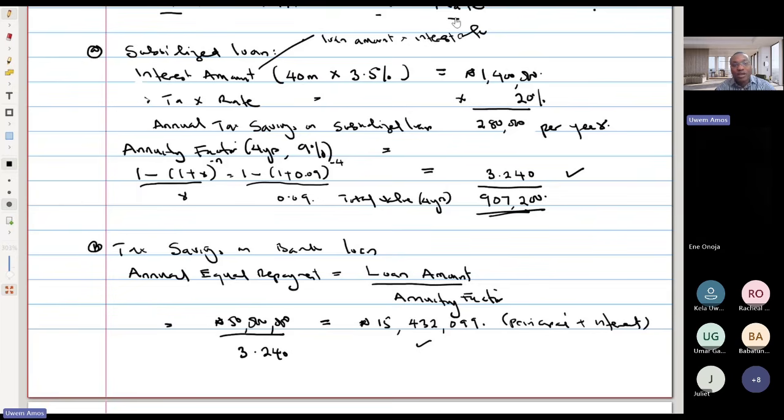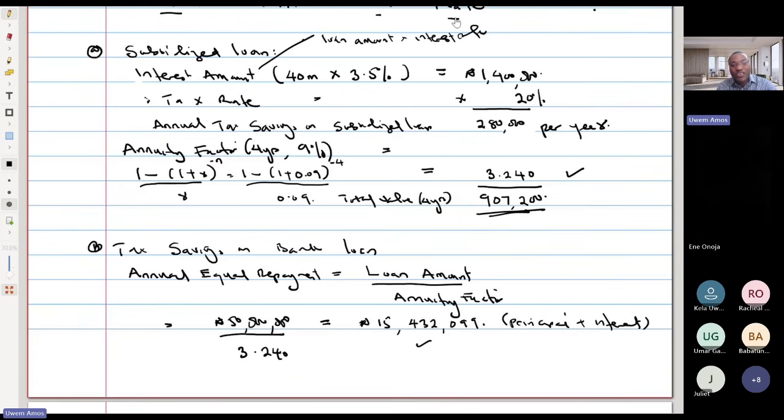Then based on that, we can build a loan schedule. However, where for that particular loan or borrowing the question is silent on the repayment, all we need to do is multiply the loan amount by the interest rate, because we're assuming it's a straight line interest payment. It's an assumption we make. So please pay attention to that whenever you're doing your tax savings on interest payment.